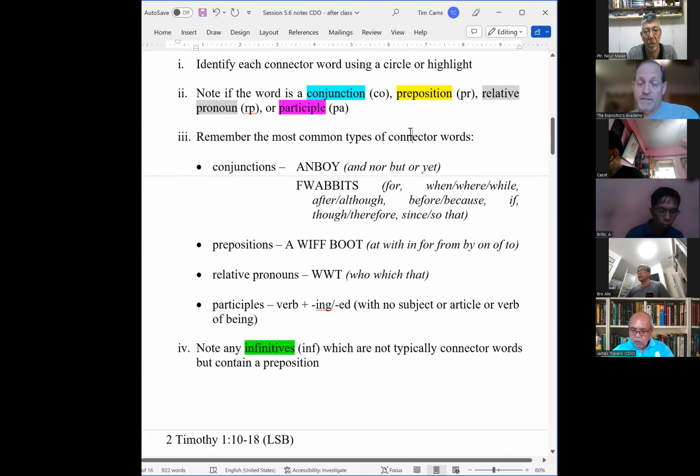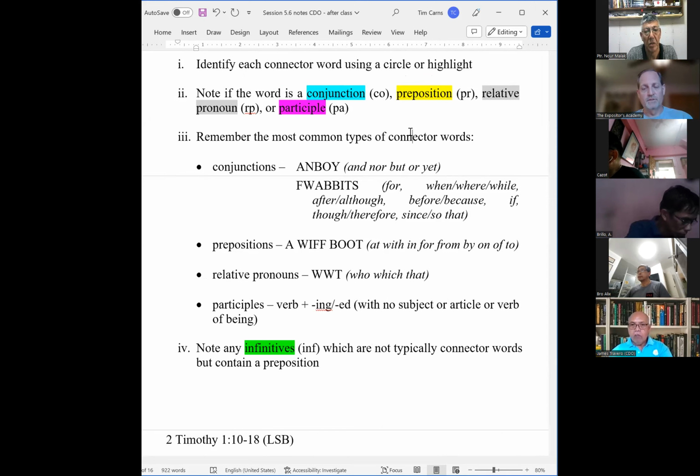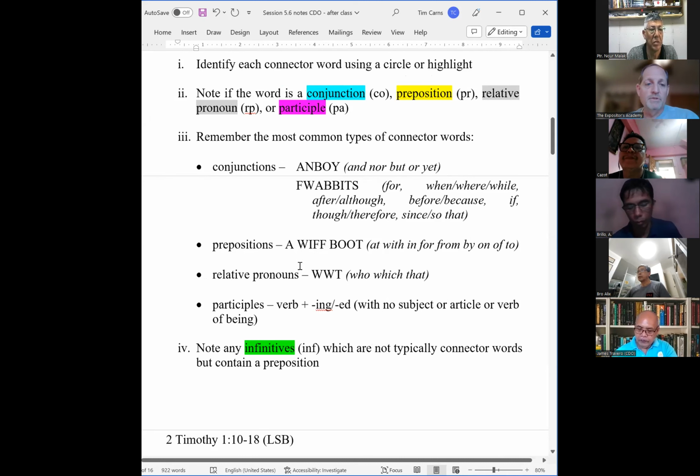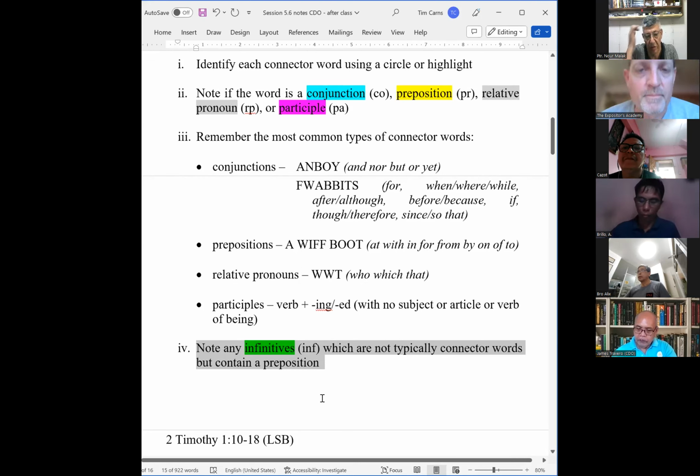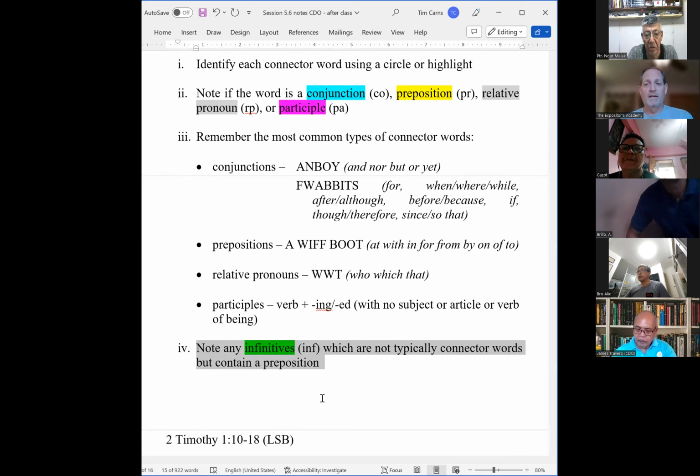So you'll be doing this. I'd like you to do this for your assignment as well, and just follow this same procedure. Now, I did also ask you to note any infinitives, just so that you can be practicing identifying them. Remember, infinitives, for the most part, do not act like connector words. Once in a while they do, but for the most part, they don't. But you need to be able to see them.